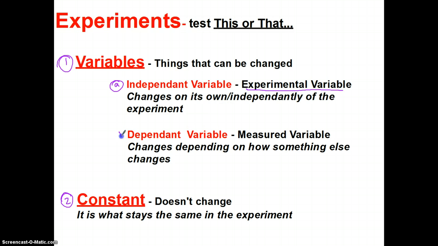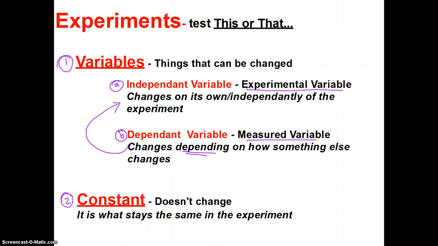The second thing is how that changes after we do our test, and we call that the dependent variable, and we usually measure that. So that's our measured variable. You can think of it as the experiment and the result. How this one changes depends on the experiment that we pick.